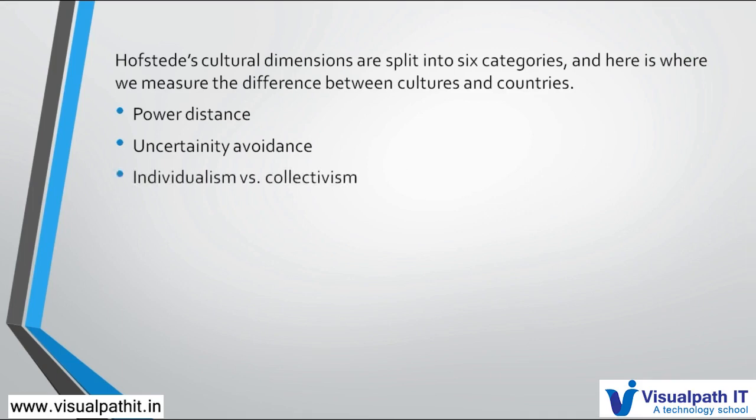Next, individualism versus collectivism. The extent to which people in a society define themselves as part of a larger group. Countries with high individualism tend to experience social ties that are looser. Individuals are expected to look after themselves.